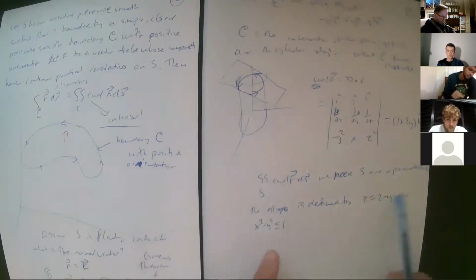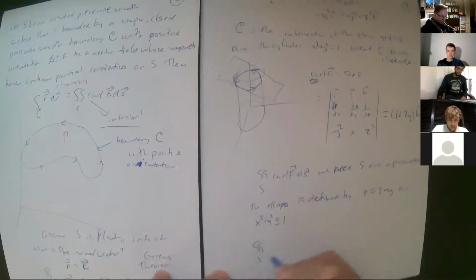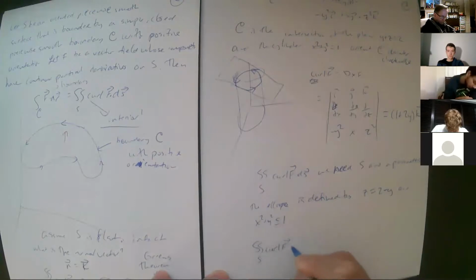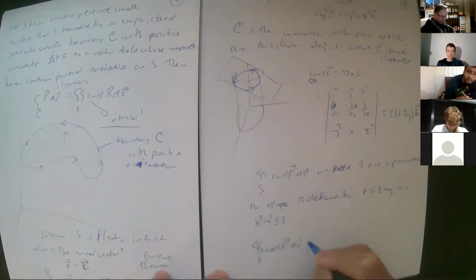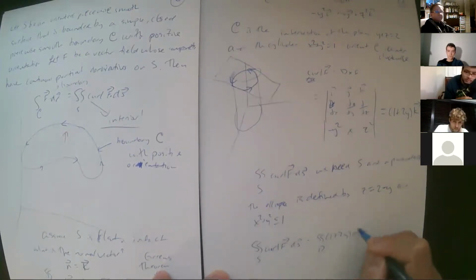So these two equations define our ellipse, correct? And so this integral is the integral over D of 1 plus 2y dA.